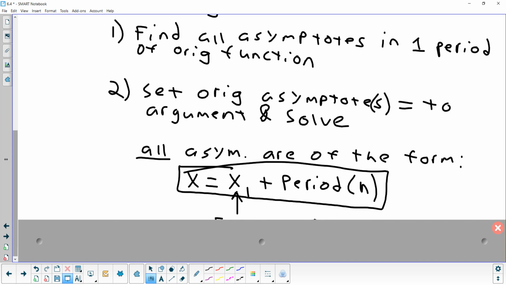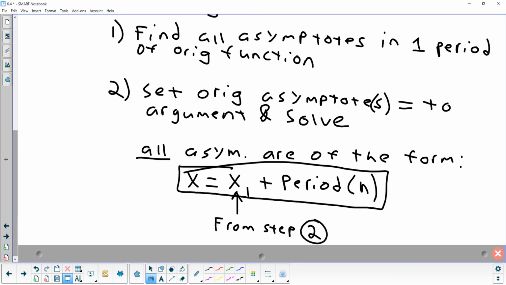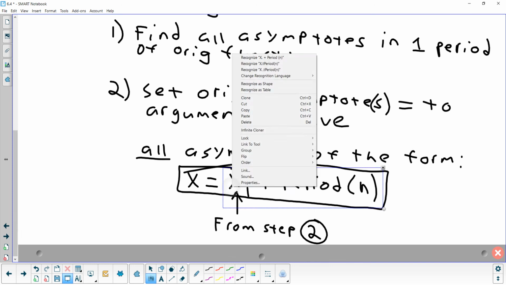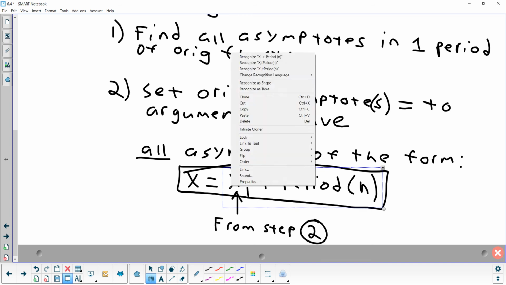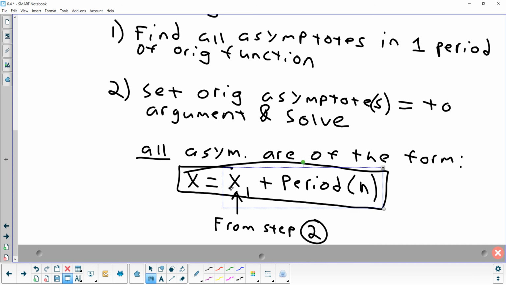One period later. What about the next asymptote? One period later. Everything always occurs very regularly in trig functions. So this is a specific asymptote that you'll find from step 2. And then you add period times n, and this is basically saying that this asymptote will repeat every single cycle. That's what period times n means.